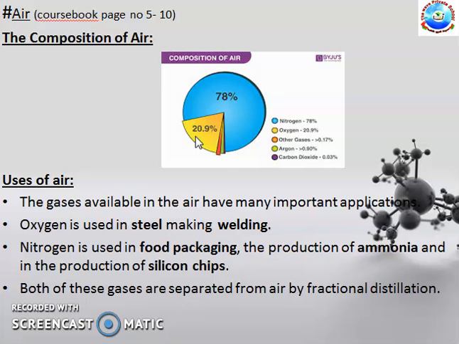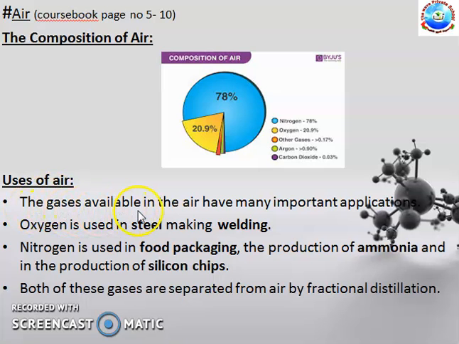See, among 100% only 21% is oxygen, 78% is nitrogen, and the rest are other gases like argon, then carbon dioxide. Okay, so these other gases are around 1%. Got it?